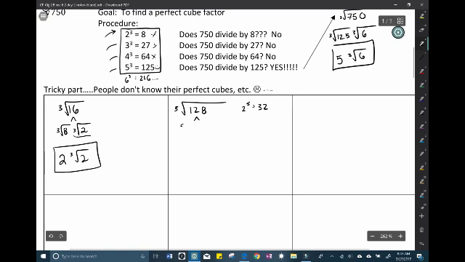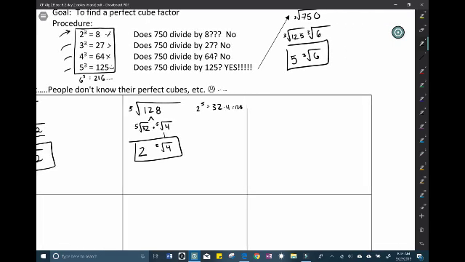So we would have the 5th root of 32 times the 5th root of 4, because 32 times 4 equals 128. And the 5th root of 32 is 2, and then you'd have the 5th root of 4.